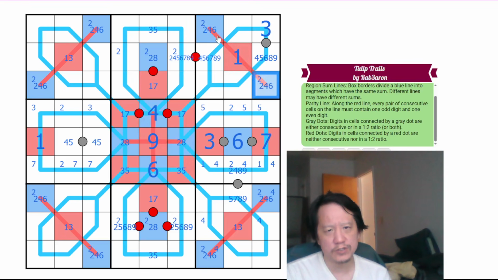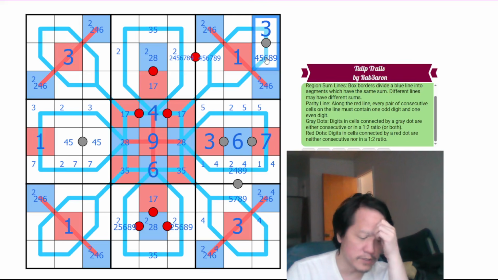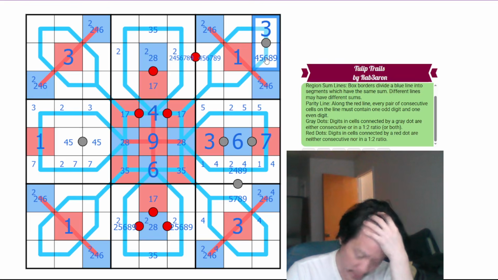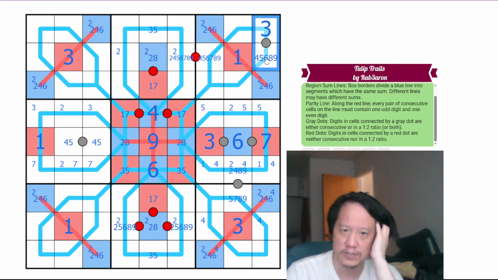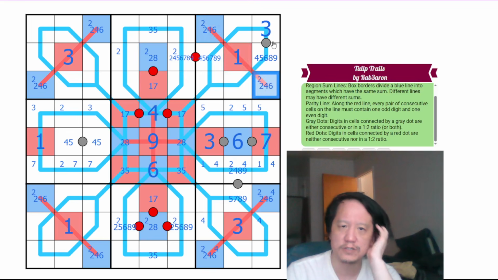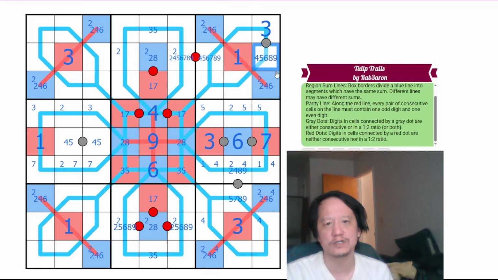This would be 2, 6 as a pair. That would make that 3 there. This 1, that 3. 3 only is consecutive with 2 or 4, and it's in a 1-2 ratio with 6. But this is 1, 2, and 6, so this can't be 2 or 6, so that's 4.